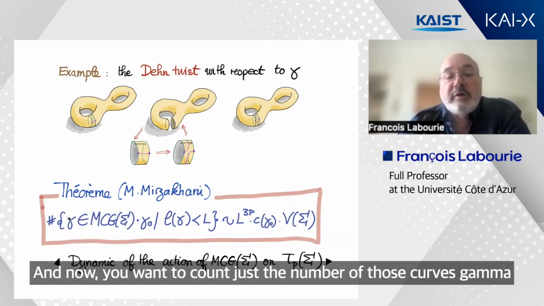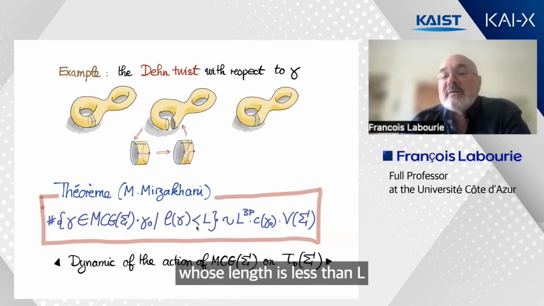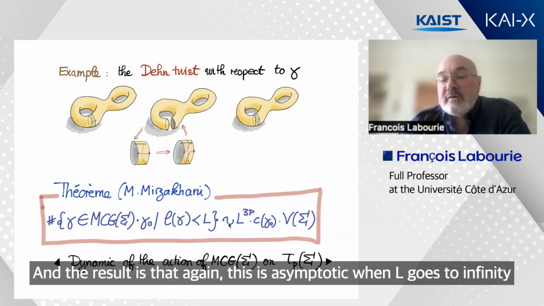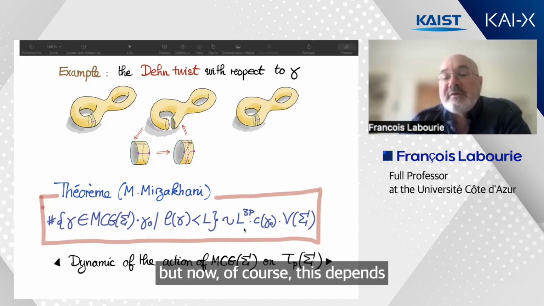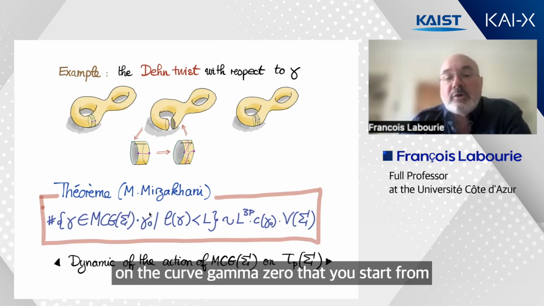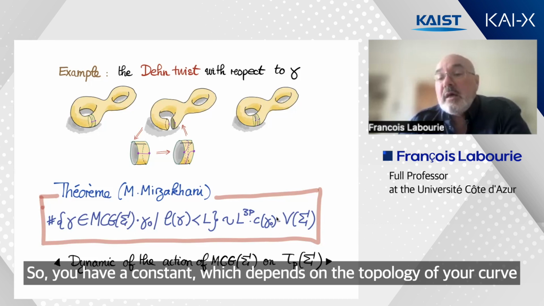And now you want to count just the number of those curves gamma whose length is less than L. And the result is that, again, this is asymptotic, when L goes to infinity, to L to the 3p, V of sigma, the same constant as before. But now, of course, this depends on the curve gamma 0 that you start from. So you have a constant which depends on the topology of your curve.